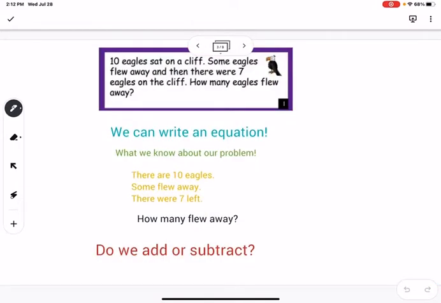With our same problem, we can write an equation. Again, I like to look at what we have in our problem. There are 10 eagles, some flew away, there were 7 left on the cliff, and the question is asking us how many flew away. Do we add or subtract?